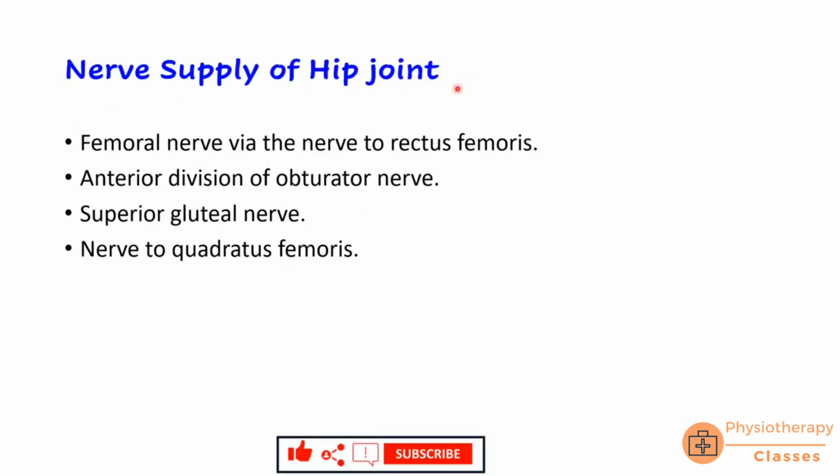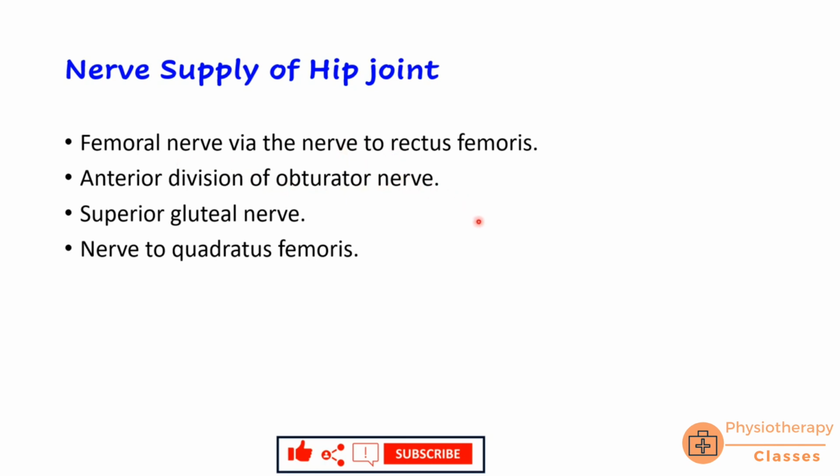Nerve supply of hip joint. The nerves which cross the hip joint, they will obviously supply this. So we have four such nerves: femoral nerve via the nerve to rectus femoris, anterior division of obturator nerve, superior gluteal nerve, and nerve to quadratus femoris. Now these two nerves, that is femoral nerve and the obturator nerve, they also supply knee joint.